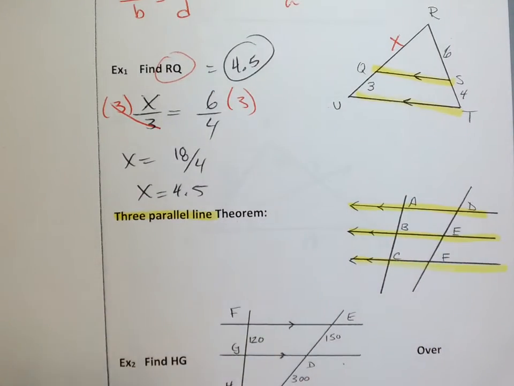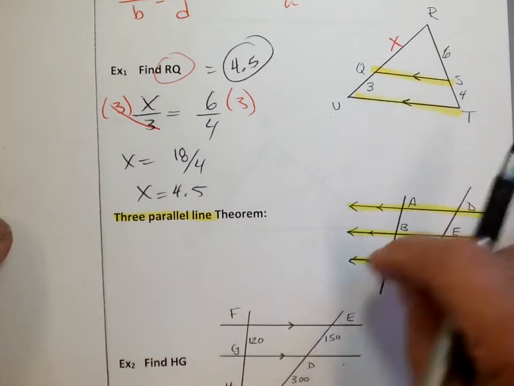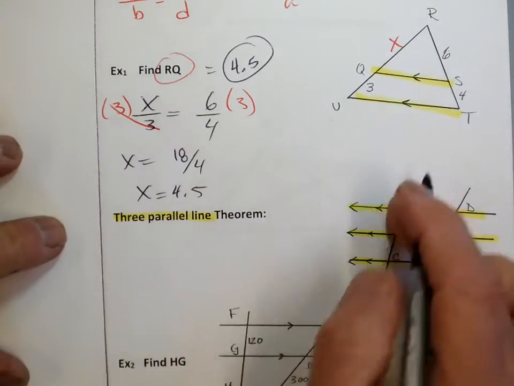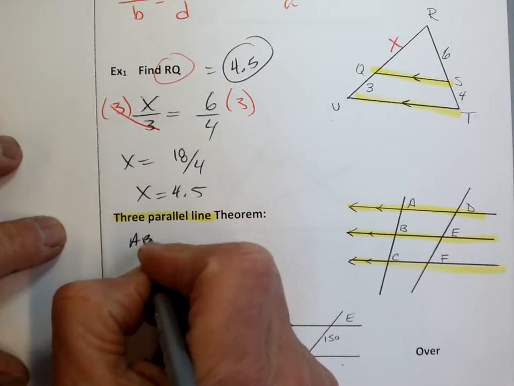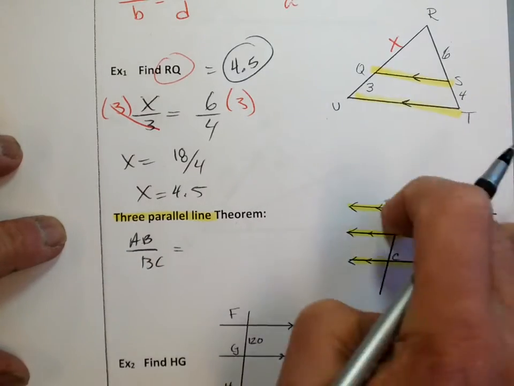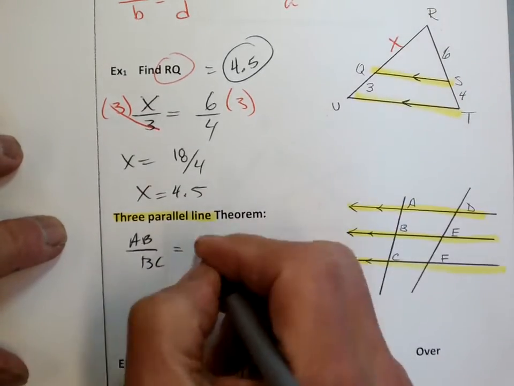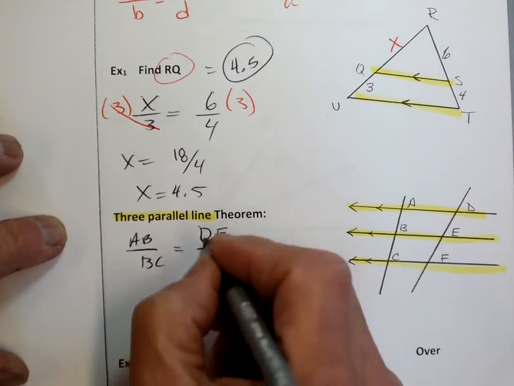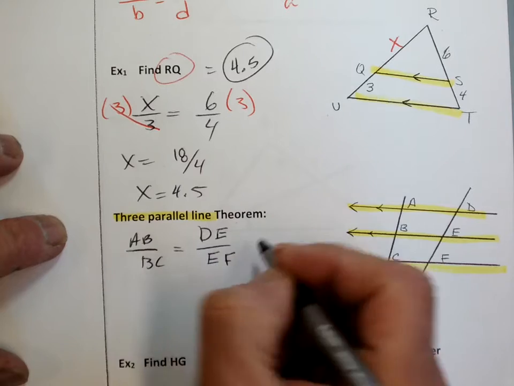I'm going to say the same thing. We're going to say this over this is equal to this over this. Or maybe we'll just say side AB over BC is equal to this over this, DE over EF. So they're proportional.